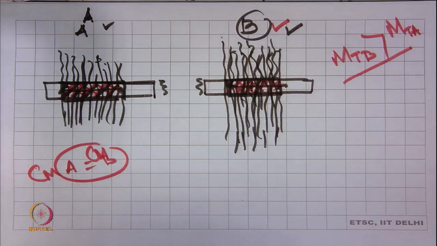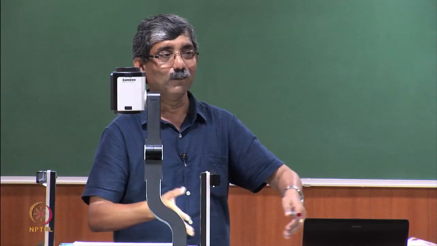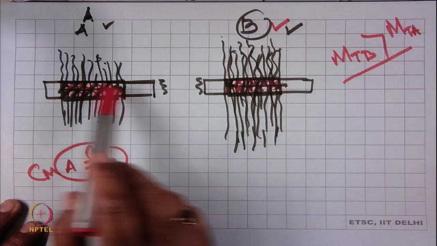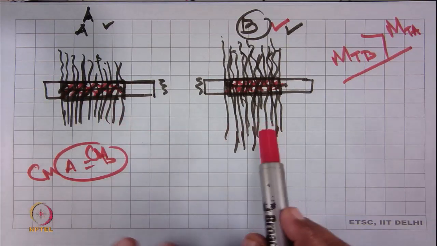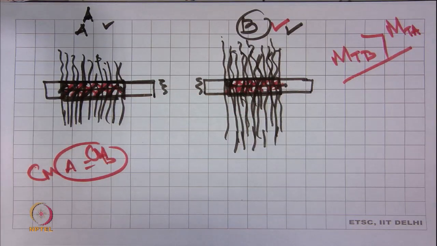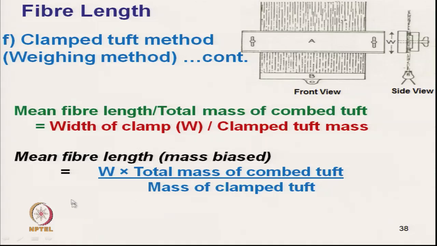Total mass is proportional to the mean length, considering the same fibers with similar width and everything, so this will be nullified and approximately constant. So the mean length is approximately proportional to the mass of the combed tuft, considering that the clamped mass will be equal for the same fiber.